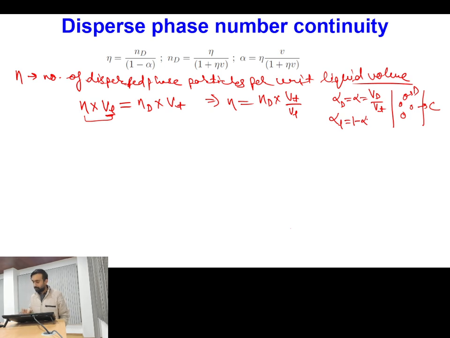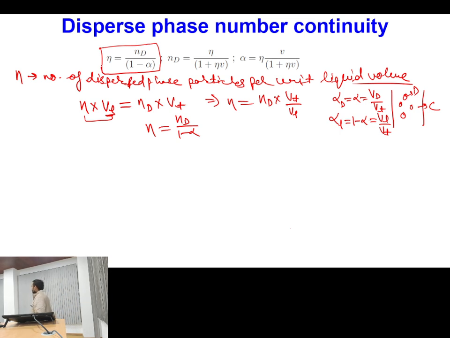Alpha of liquid or continuous phase is equal to 1 minus alpha if only two components are present. And this will be equal to volume of liquid by total volume. So Vt by VL I can write as eta equal to eta d divided by 1 minus alpha. So this is the derivation for this first portion.